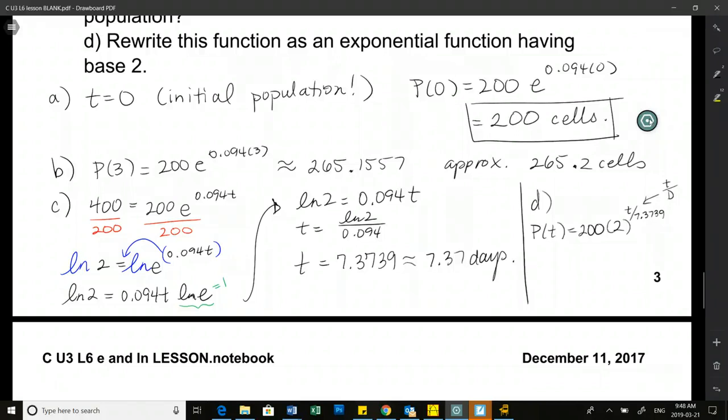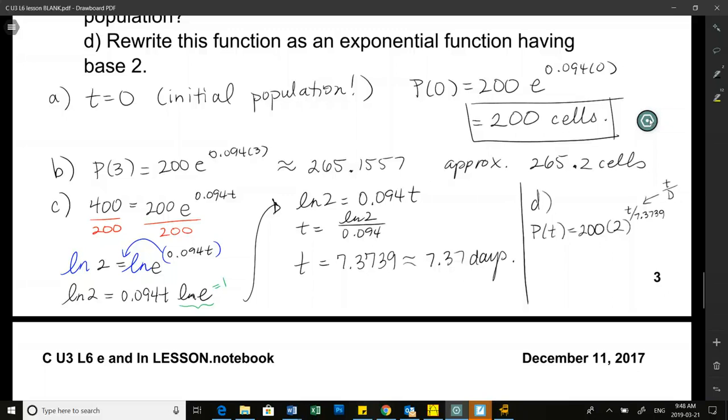If you want, you can do a little test with 3, because we calculated 3 days earlier. If I sub in t as 3, I should get the same population, 265.15, if we've done it correctly. So we'll just double check our work. 3 as that exponent there. Yep, gives us 265.1558 and so on.